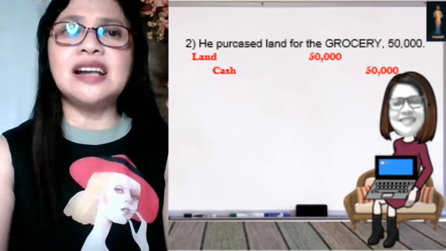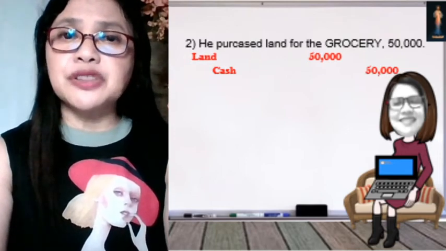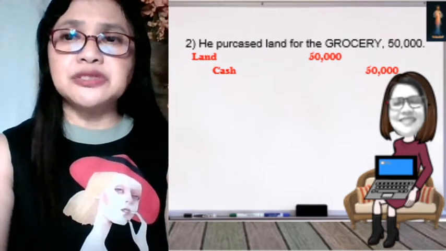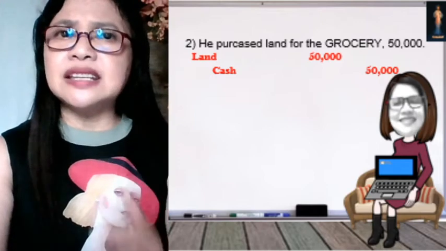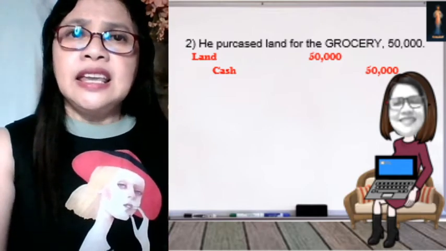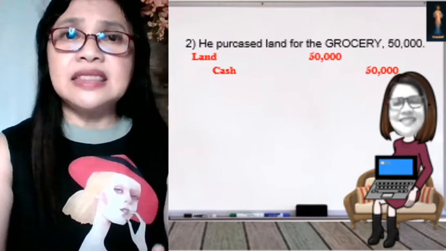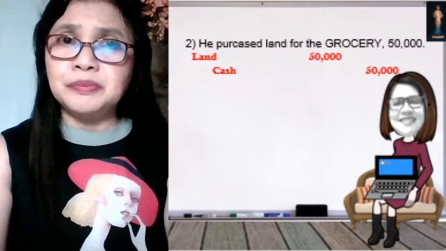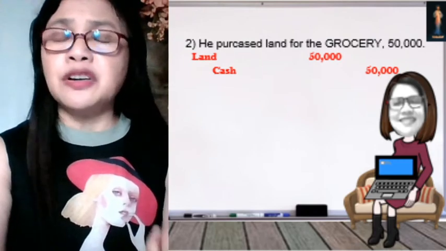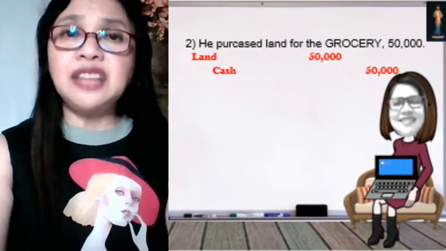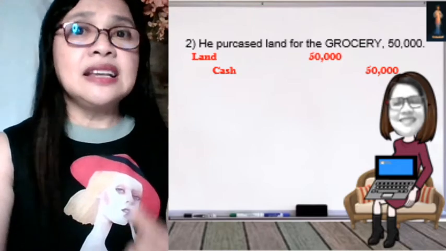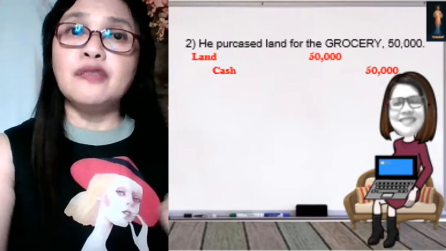Number 2 transaction. He purchased land for the grocery, 50,000. So what accounts are affected again? He received land. So land is an asset account and its normal balance is debit, and to increase it, you debit the asset account in the form of land.